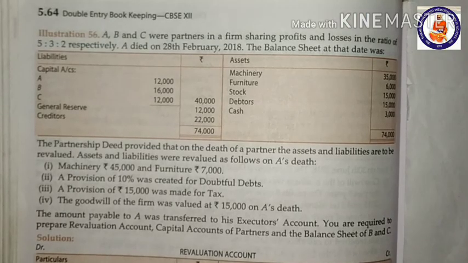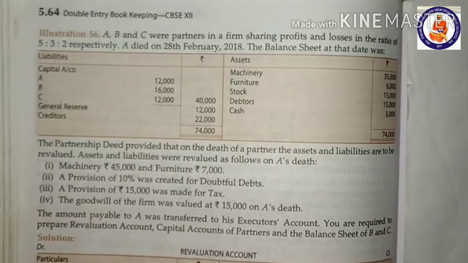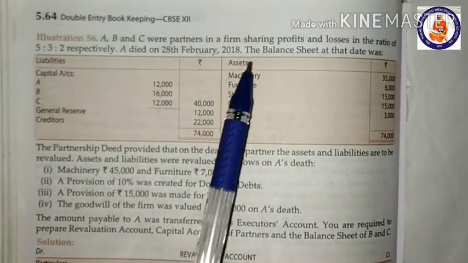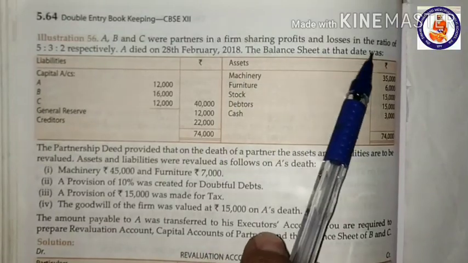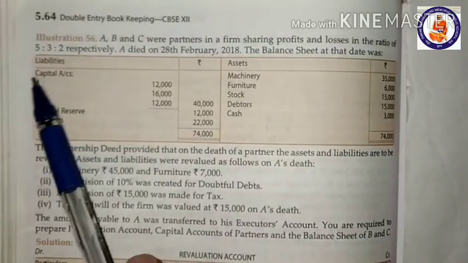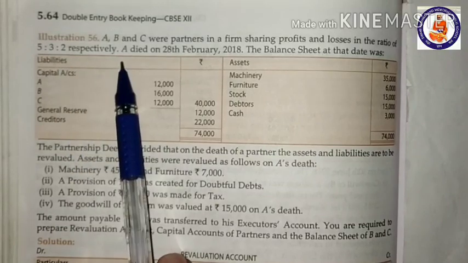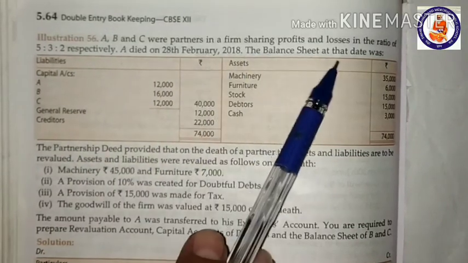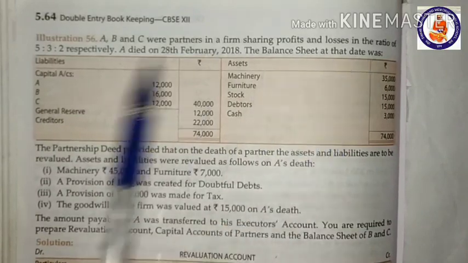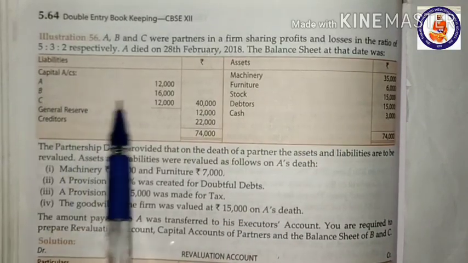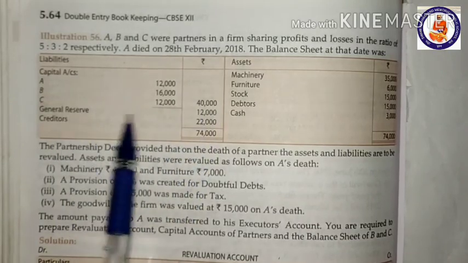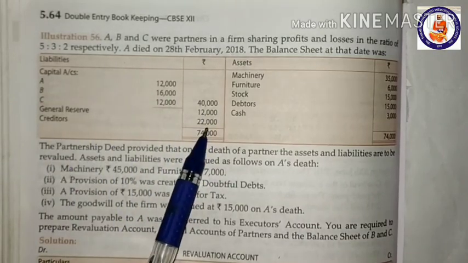Now this is the question on your screen. A, B and C were partners in a firm sharing profits and losses in the ratio of 5:3:2 respectively. A died on 28th February 2018. The balance sheet at that date showed capital accounts of A, B, C as 12,000, 16,000, 12,000, total 40,000, general reserve 12,000, and creditors 22,000.